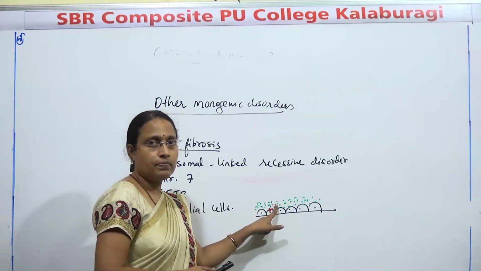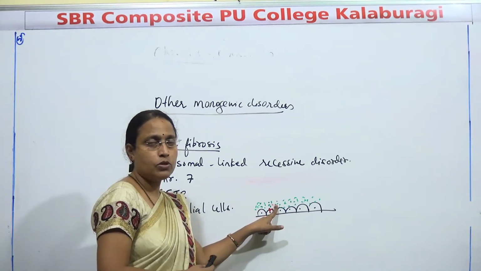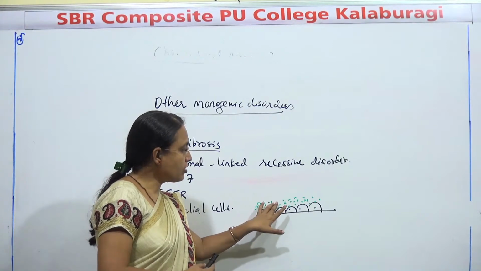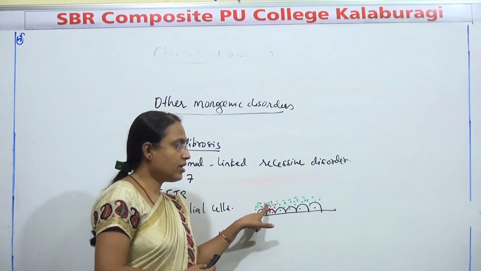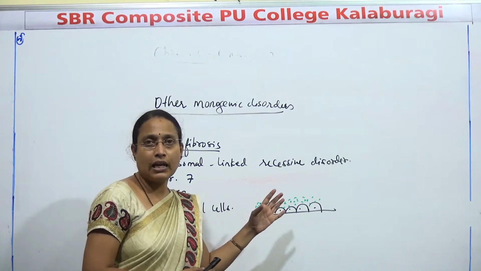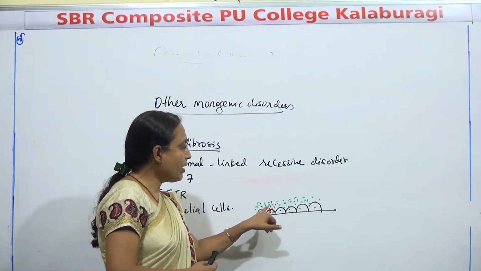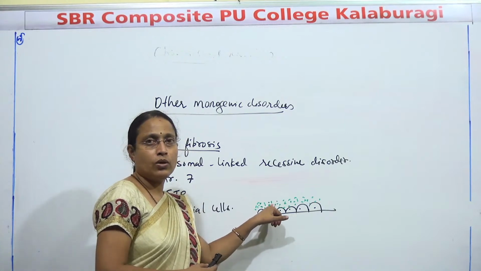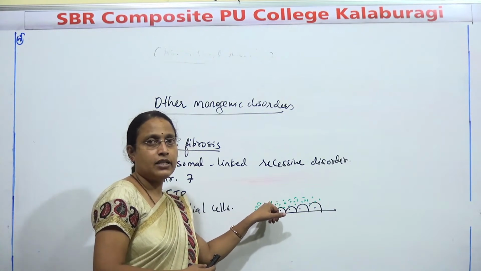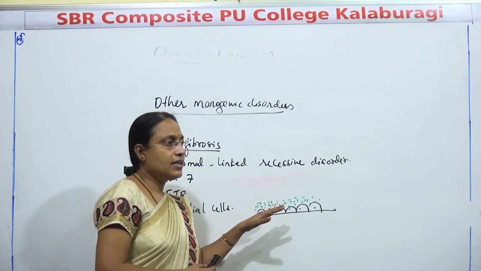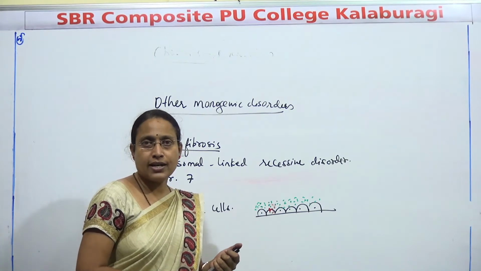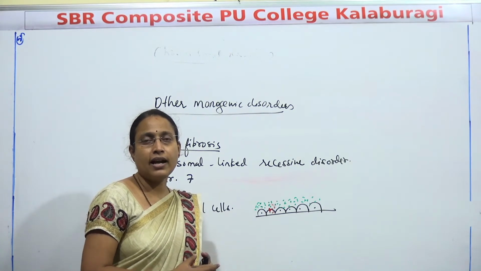So sodium chloride, a salt, forms. When salt concentration is more, it will attract water into the mucus and the mucus becomes thin, meaning more dilute. But when chloride is not reaching outside the epithelial cells into the mucus, even water is not accumulated. As a result, the mucus becomes thicker and thicker.